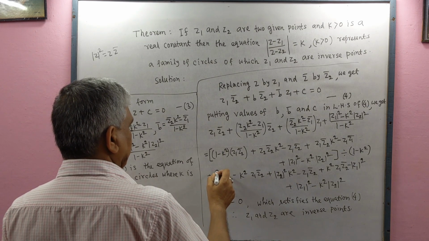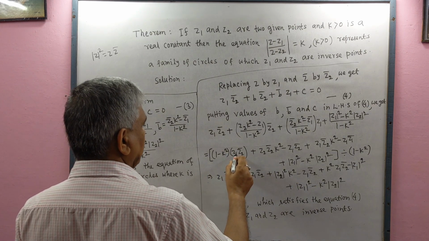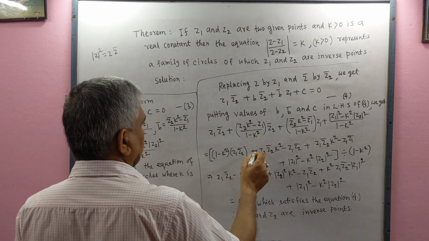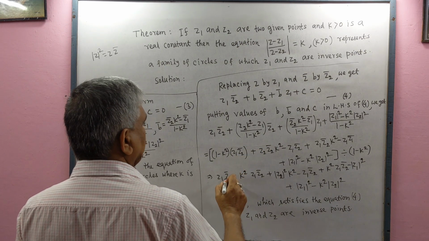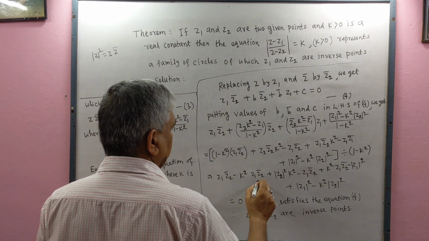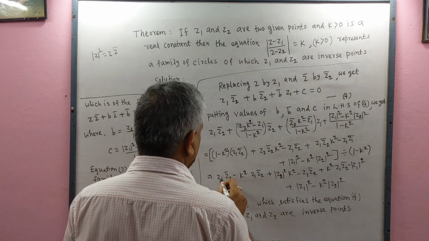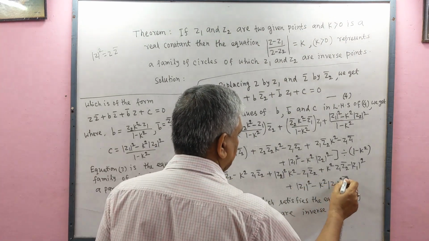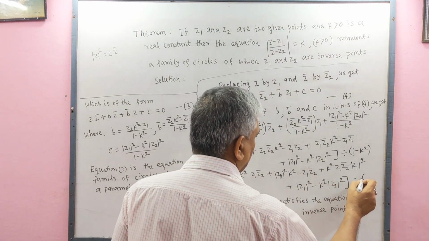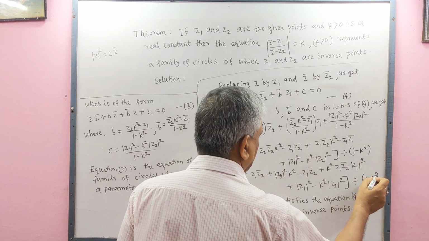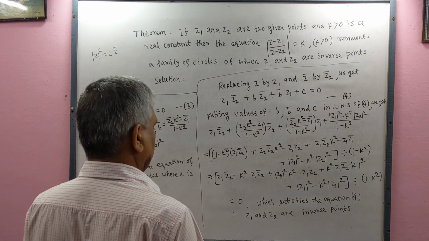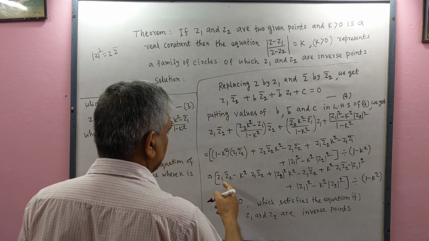And now multiplying this we get this result by dividing by 1 minus k square, and this equal to 0.